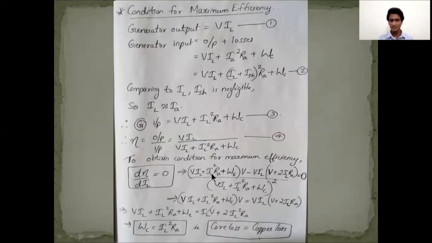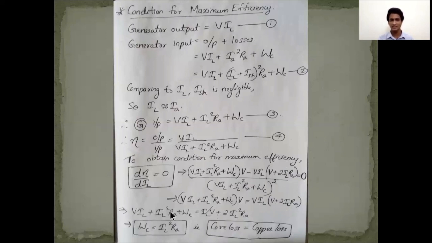Then (VIL plus IL square RA plus WC) into the derivative of VIL, which is V, minus V into IL into the derivative of the denominator term, that is V plus 2IL RA plus 0, whole divided by denominator square, is equated to 0. Then what we will get is (VIL plus IL square RA plus WC) into V equal to VIL into (V plus 2IL RA).